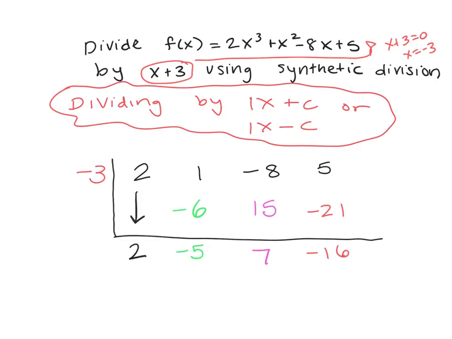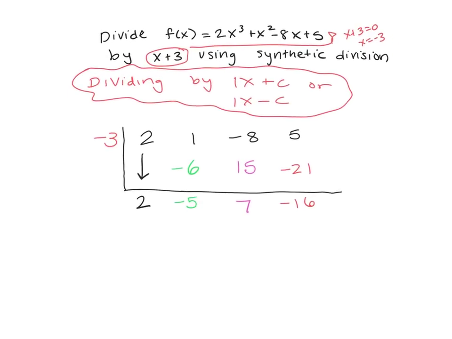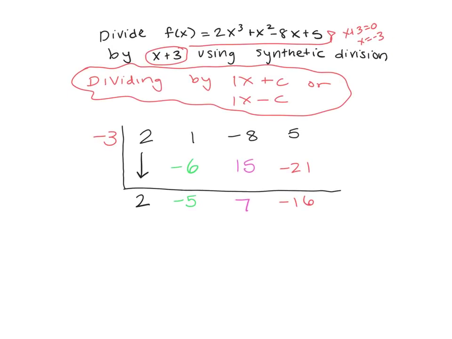Now, then we have to interpret, what does this answer mean? So our final slot is always going to be the remainder, every time. And then you're just going to count backwards. So what I mean by that is we have 7 is our constant, because that's going from right to left.